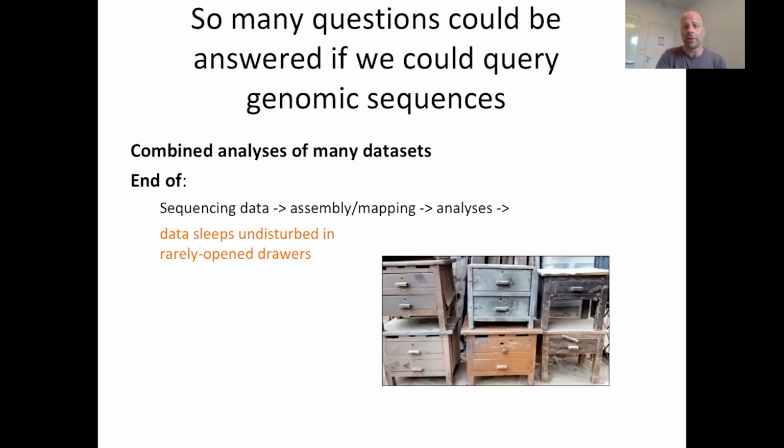And maybe this would be the end of this classical scheme we know today. You write some grants, you have some money, you are able to sequence your data, and then you do your analysis on the data, for instance with assembly or mapping. You publish your paper, and then you put the data in some drawers, you close the drawer, and you cannot open them.